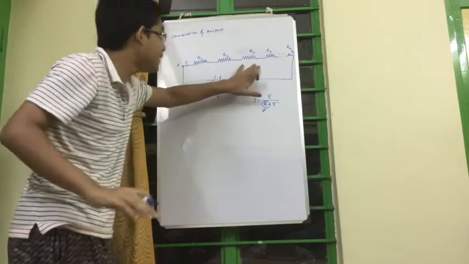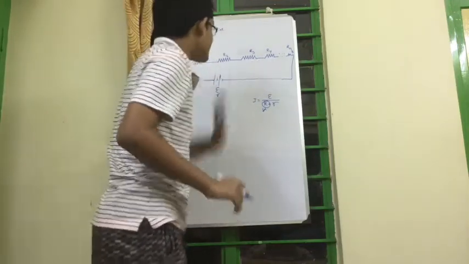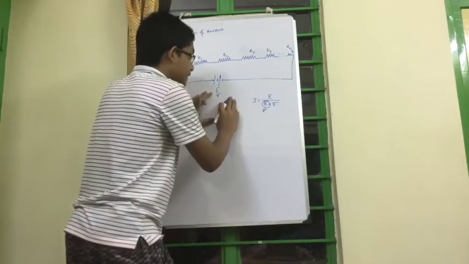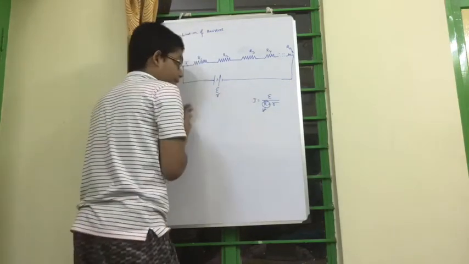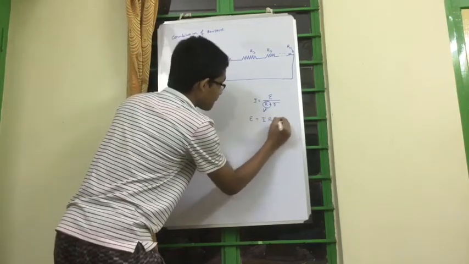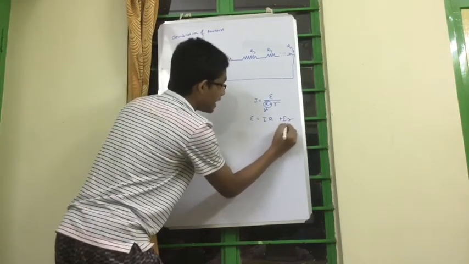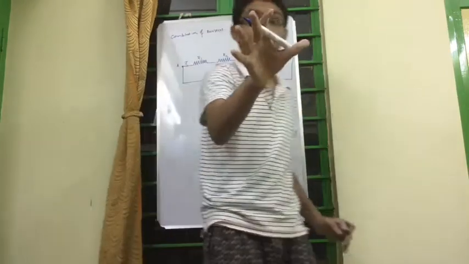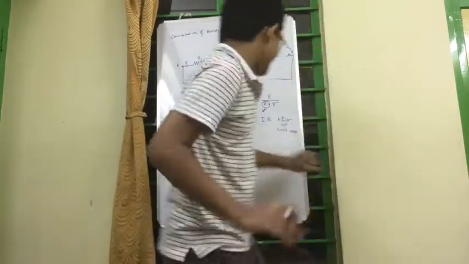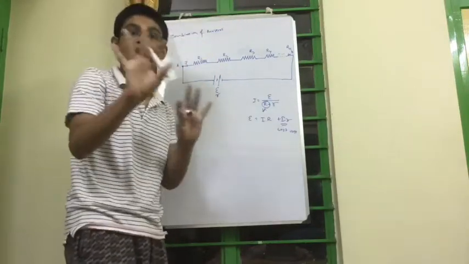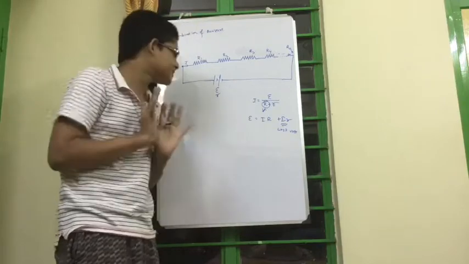In a given circuit where you have many such resistors, the total potential difference, rather you say the terminal voltage of the battery. Terminal voltage means EMF equals IR plus Ir. This is the lost volt or the drop voltage of the battery. This resistance r is constant for a battery, and it depends on the electrolytes, the concentration of ions and all.